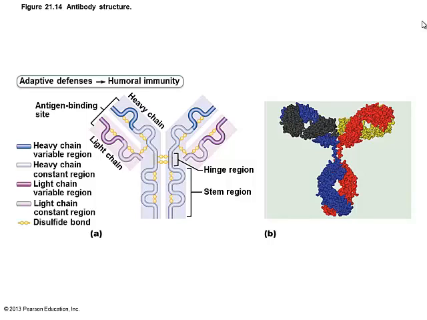And in that Y, those little bends on the ends, this is where we see differences from one antibody and the next. So if you look at the diagram, we see like a purple and a bluish color at that region. This is where we see differences. This is what makes one antibody different from another. It's called the antigen binding site.